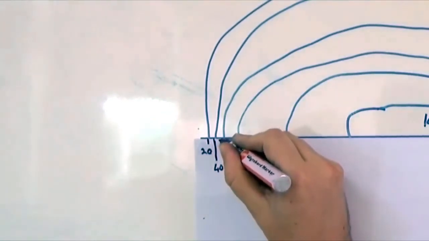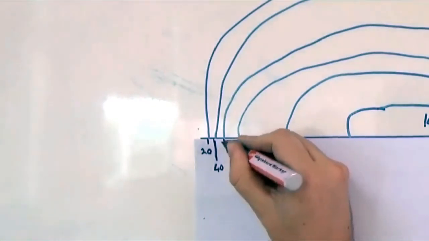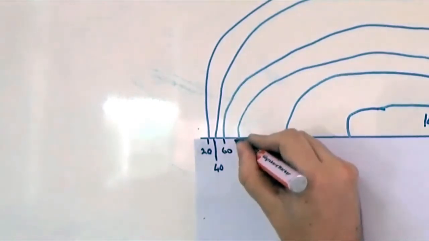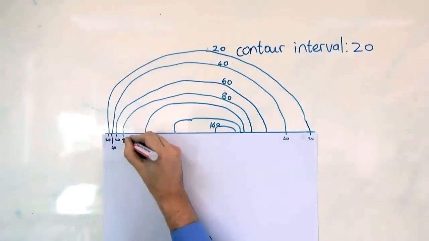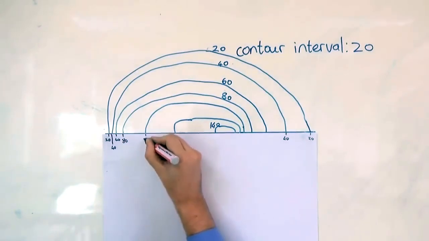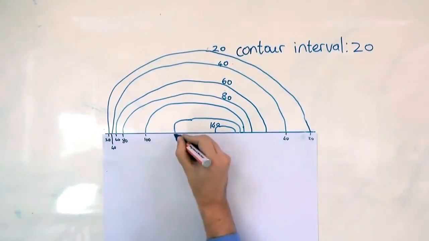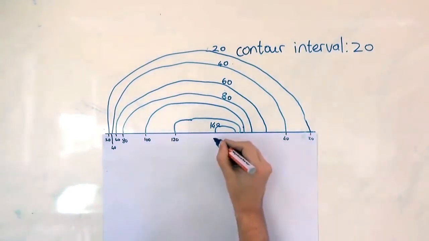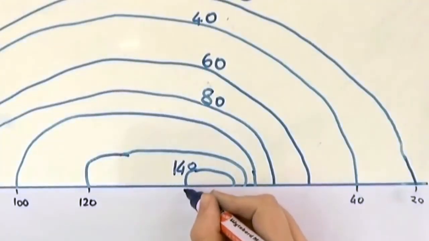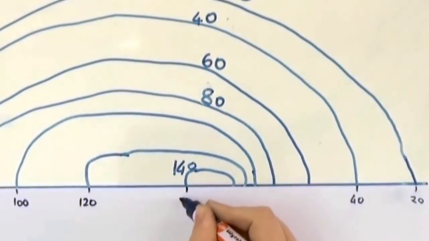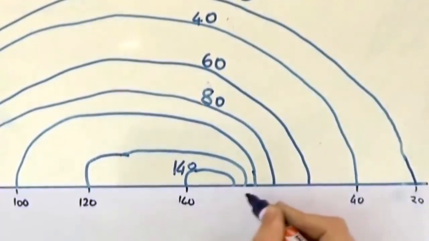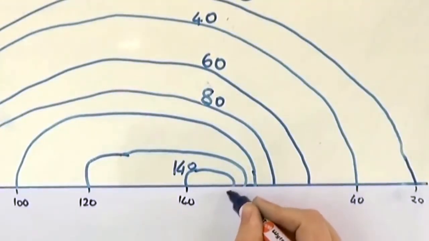And then the next one we know is 60. Then we go to 80, 100, 120, and then as we can see, this line here is 140. This is once again going to be 140.